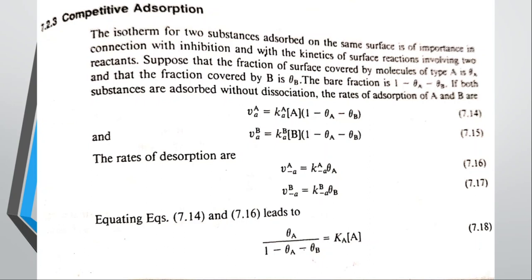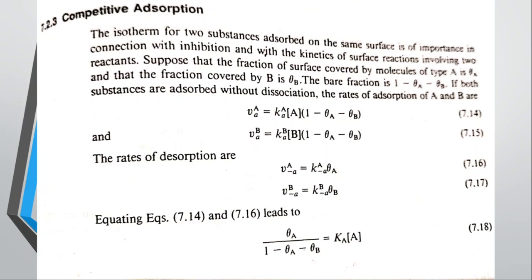Likewise, the rate of adsorption of B is given as Kb into concentration of B and the surface available for adsorption. The rate of desorption is represented as rate of minus A equal to K minus A theta A. That is, only the molecules already adsorbed are available for desorption. Similar is the case with the rate of desorption of molecules of B.